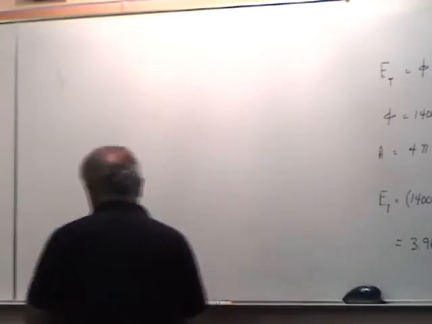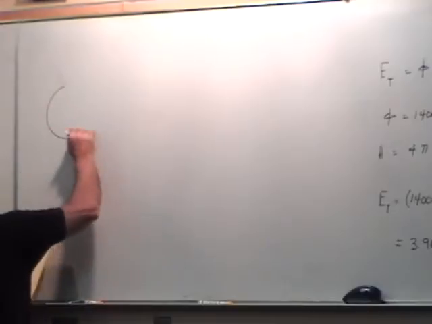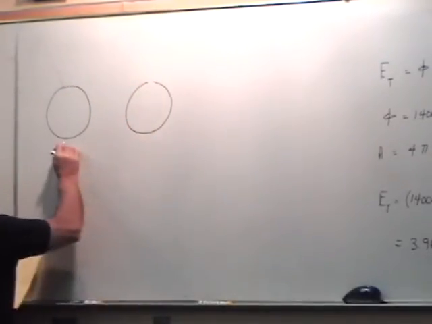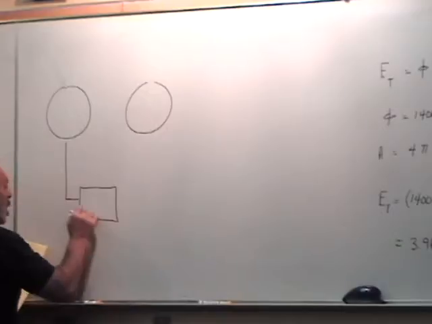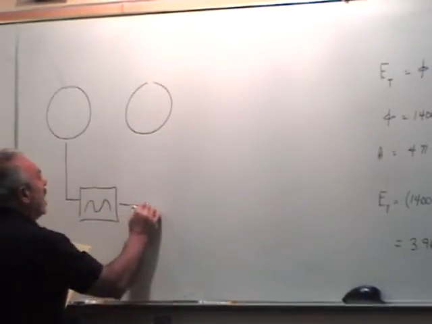What he did was to charge 2 spheres, imagine 2 large metallic spheres like this, and they're being charged with an oscillating generator. So here's a generator of some sort that produces oscillating current, which, by the way, is a relatively high voltage.